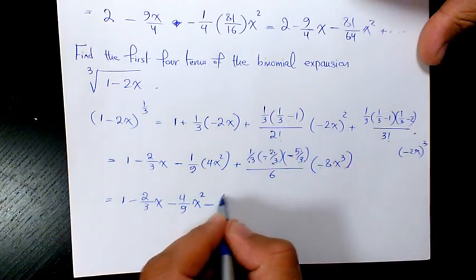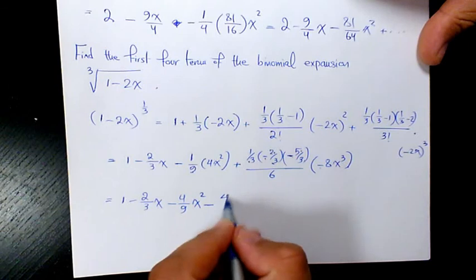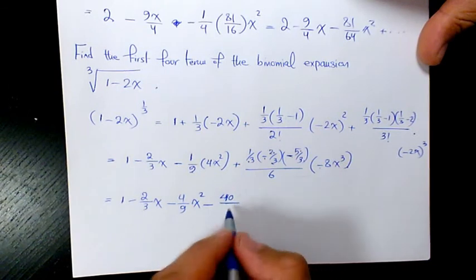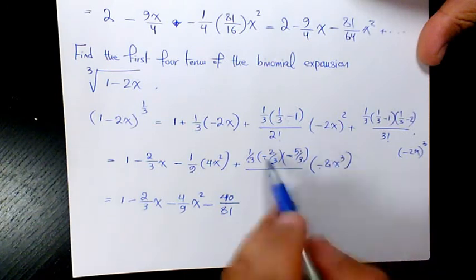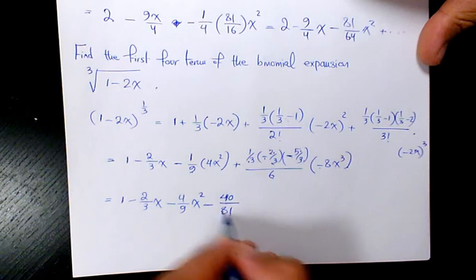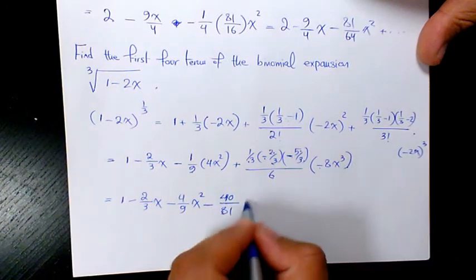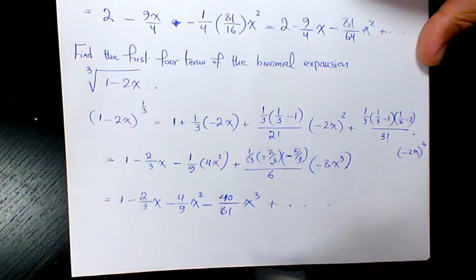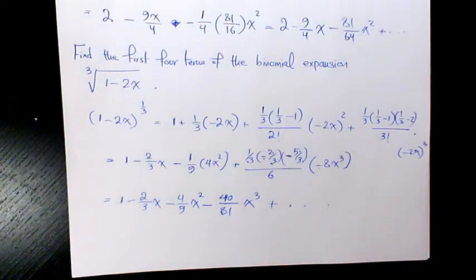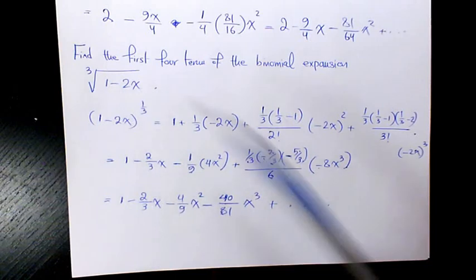So 4 times 10 over 81, because 27 times 3, this 2 and 2 cancel out. It's going to be 4 times 10, 40. And here we have 81x cubed. So that's going to be the 4 terms of this binomial expansion, which is cube root of 1 minus 2x.